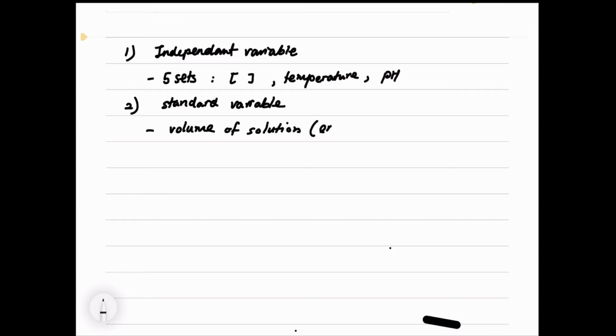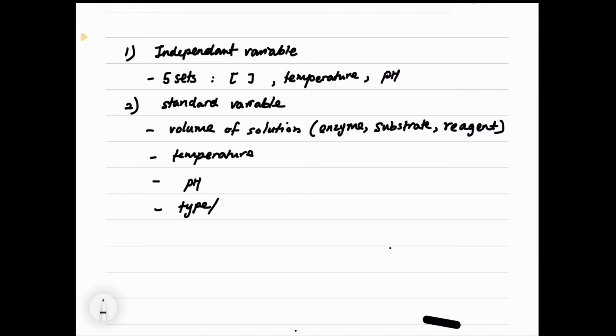So it could be your enzyme, it could be your substrate, it could be your reagent, or it can be your temperature. So you must state how you control the temperature. It could be pH. It can be your type or mass or the age of your specimen.